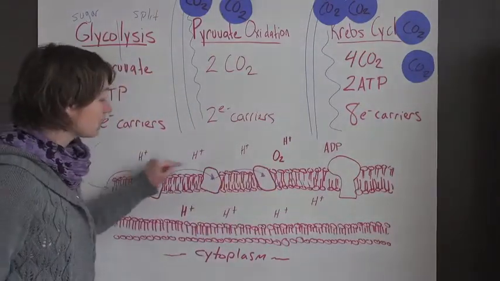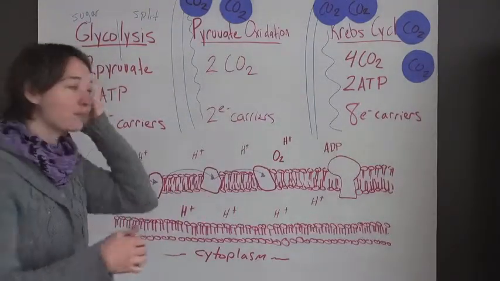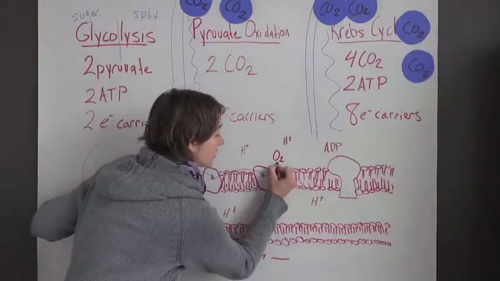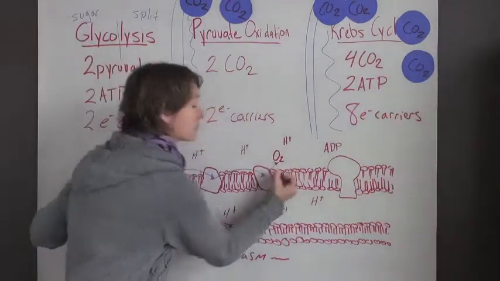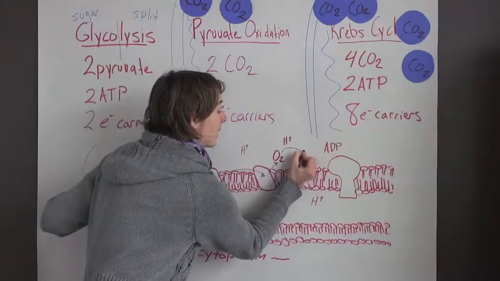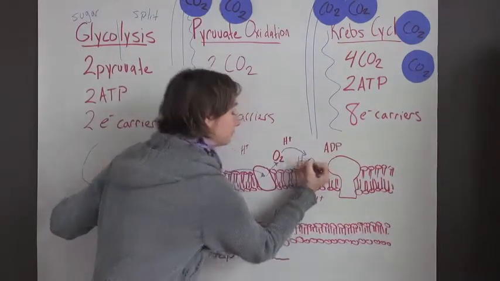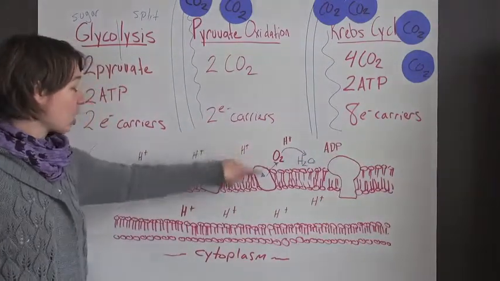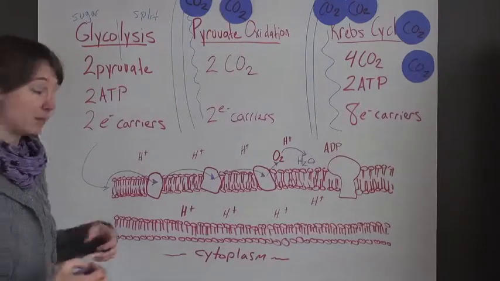So the electron is being passed from enzyme to enzyme in the membrane of the mitochondria. The final electron acceptor is, you guessed it, oxygen. When oxygen accepts that electron, it combines with hydrogen to make water. Okay? Now, actually, all of these molecules are combining with hydrogen when they accept the electron.